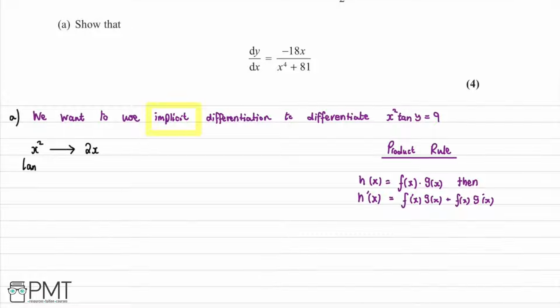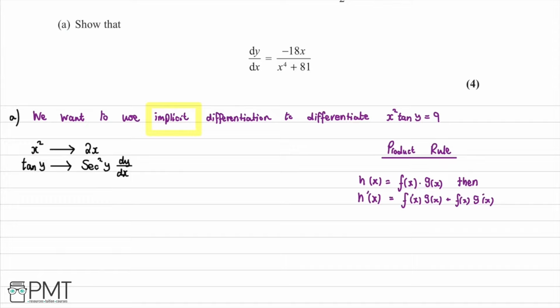And then tan of y is going to differentiate to sec squared y. And since we're dealing with dy by dx here, we need to put a dy by dx in, just to make sure we account for the fact that this has been differentiated with respect to y.